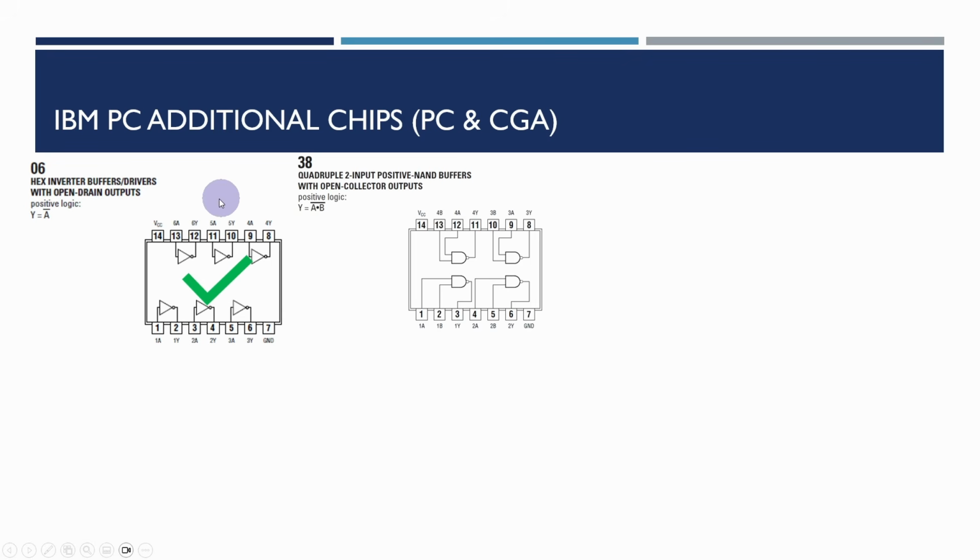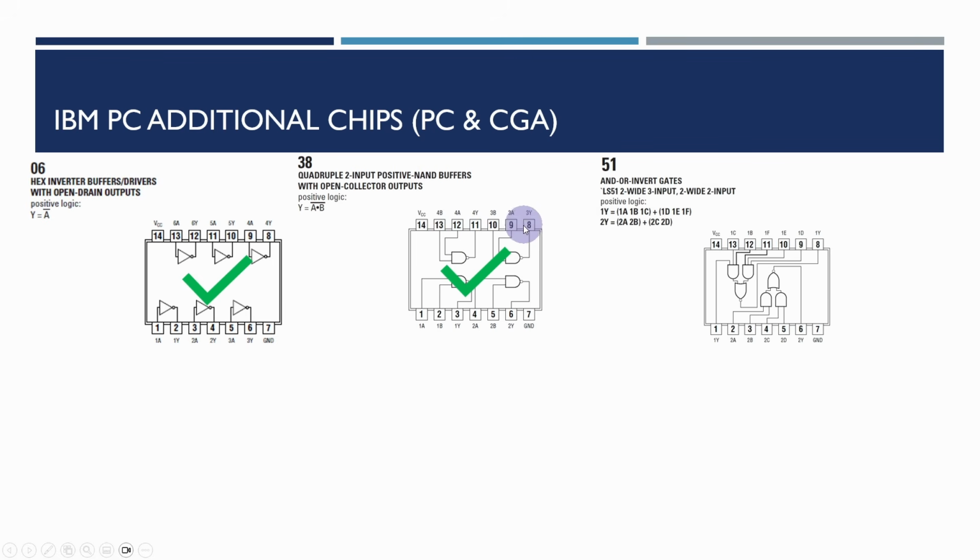But in general, we can use open collector outputs if we need multiple chips able to pull a control line low, for example. Then we can use the open collector outputs all connected together. As long as we have a pull-up resistor, multiple outputs can drive one input.